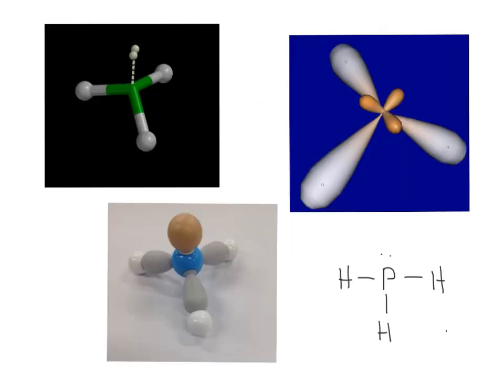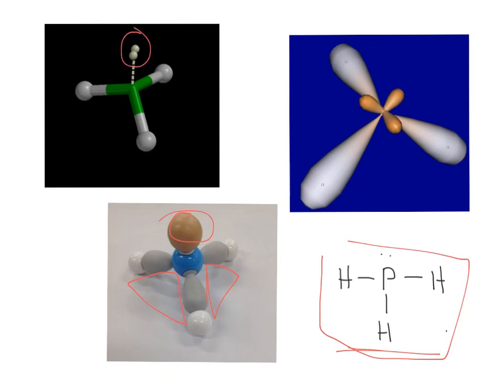So I went ahead and uploaded a couple of photos here, as well as drawing our Lewis dot structure. So from our Lewis dot structure, we can see that it almost looks like a T. So it's kind of give us a T shape. But if we actually look at the molecular shape over here, it's more of a pyramidal shape. As you can see right here with the lone pair on top, you can see that it's not just a T shape.